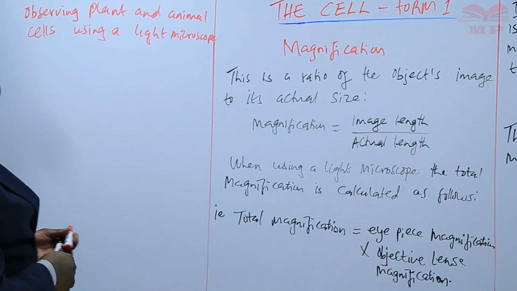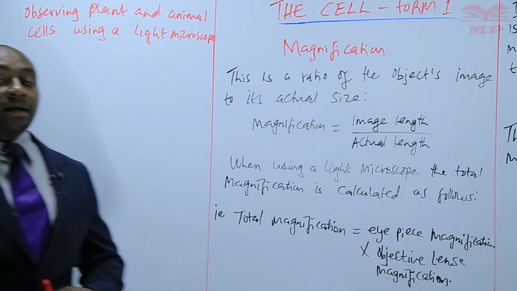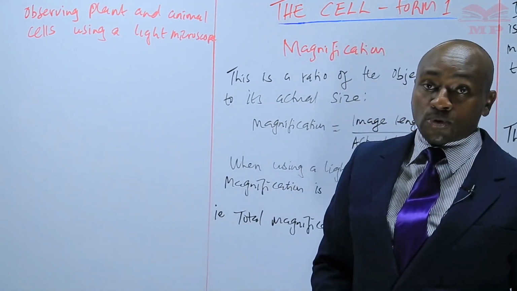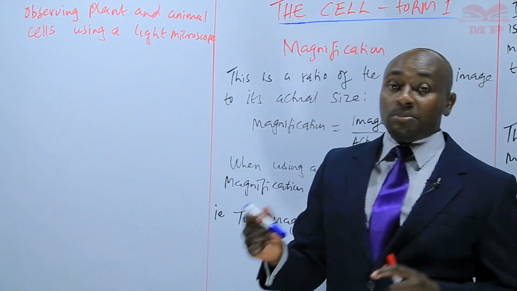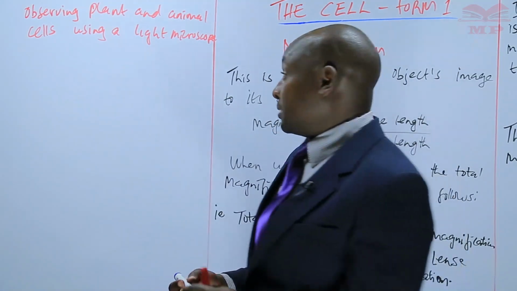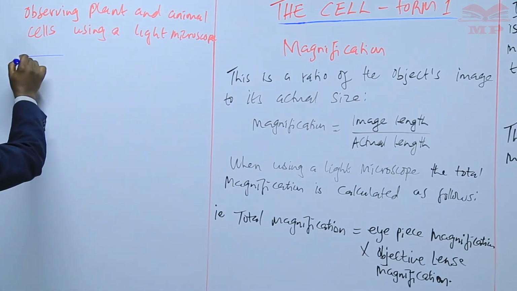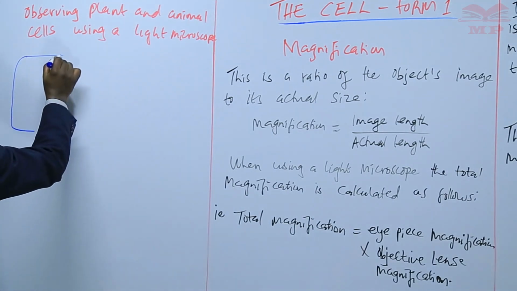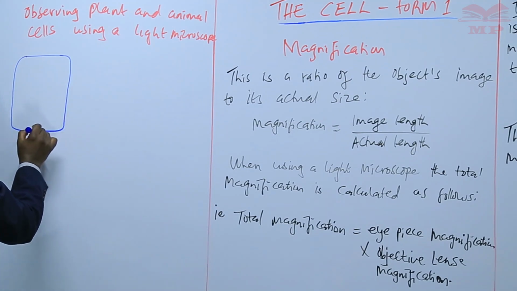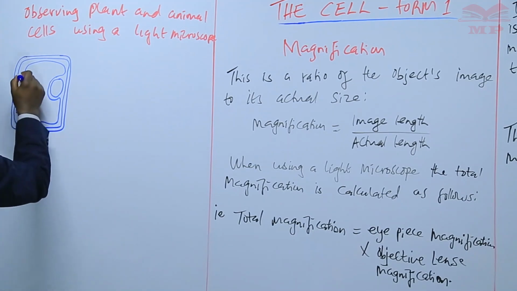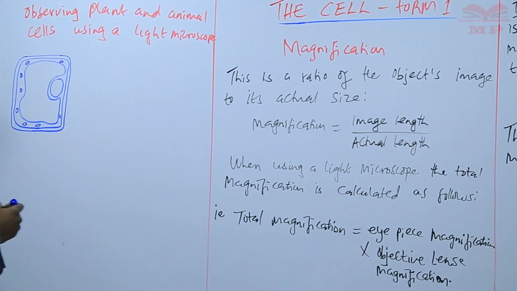And basically we'll have two diagrams, one showing the plant cell as observed under a light microscope and an animal cell as observed under a light microscope. So we'll start with the plant cell.